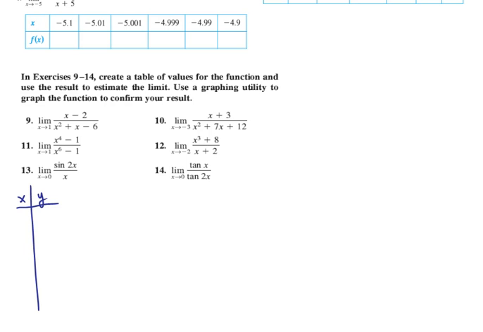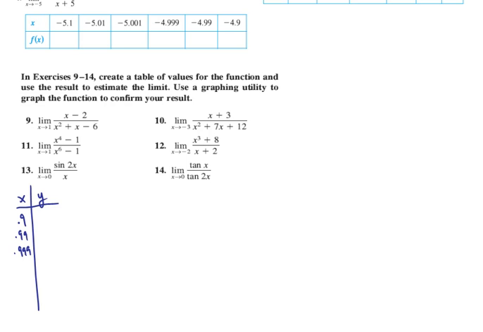So approaching 1 from the left. As we're approaching any number other than 0 from the left, we're going to use positive numbers. We're going to use 0.9. If we were approaching a negative number from the left, we would use 0.1. So we'll use 0.9, 0.99, 0.999.